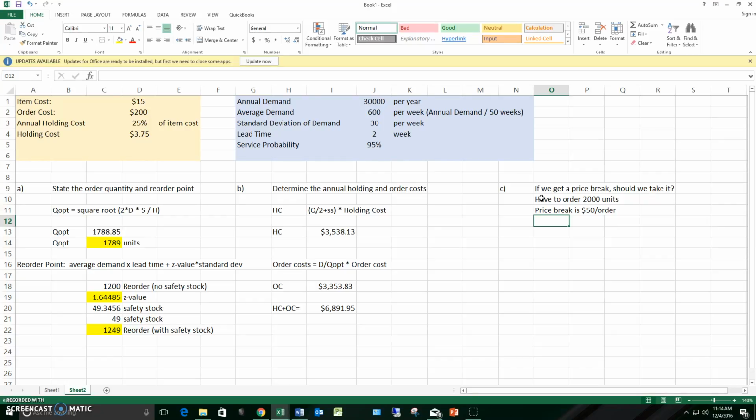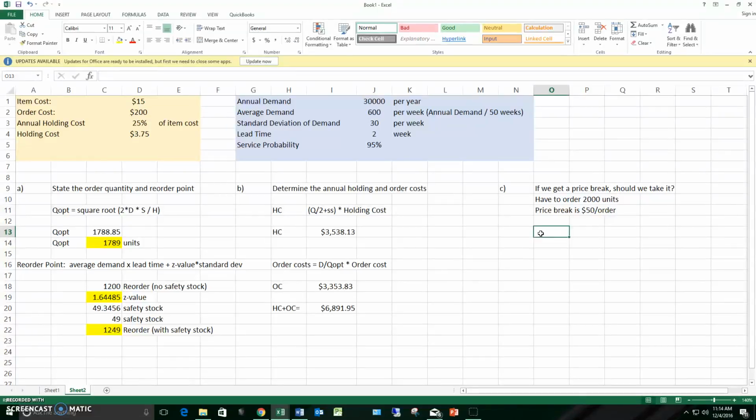So there's a couple ways to look at this. I'd be curious to know, with that new ordering cost, what our new Q optimum is, because we know ordering costs, which is referred to as S in the book, are part of our Q optimum formula. So let's just run it to see what a $50 savings would generate to minimize cost.